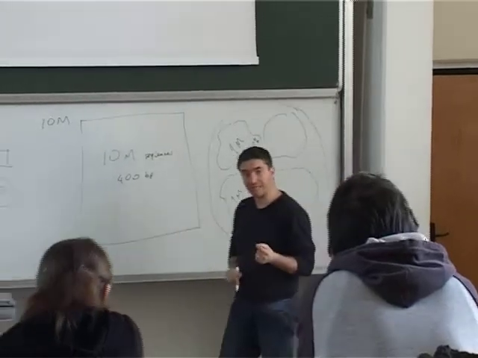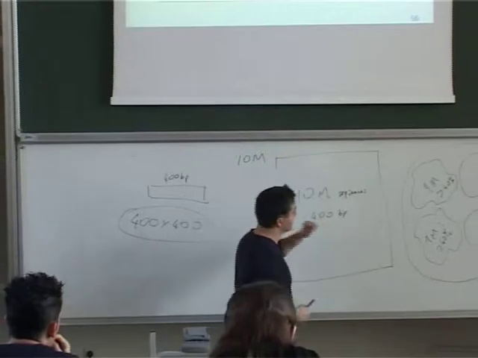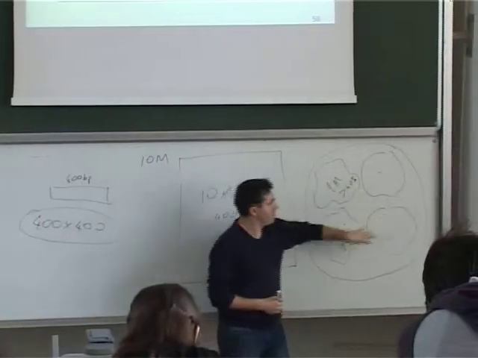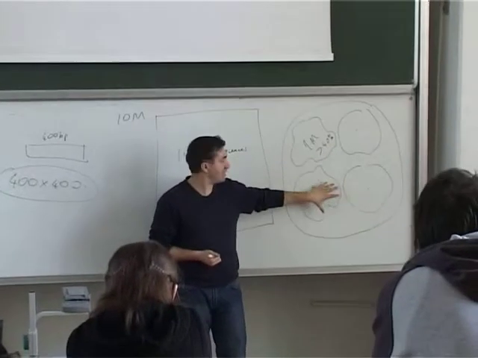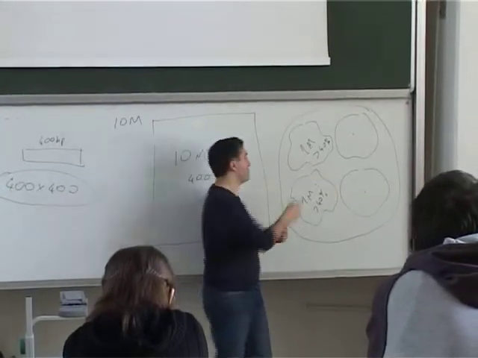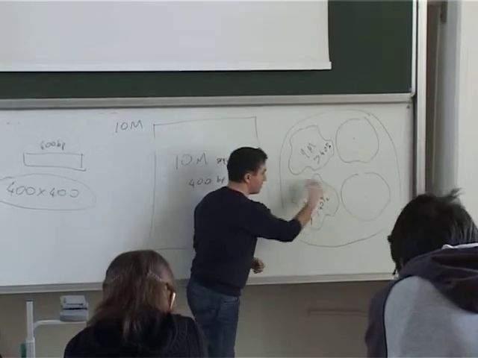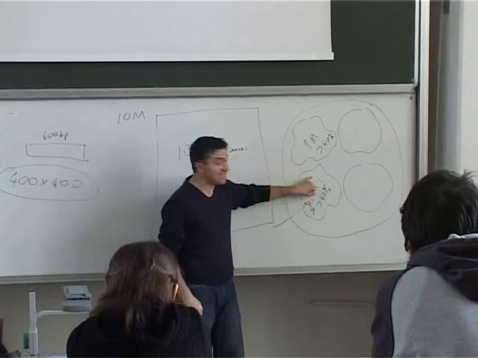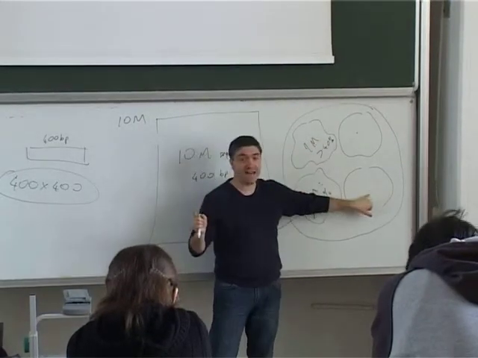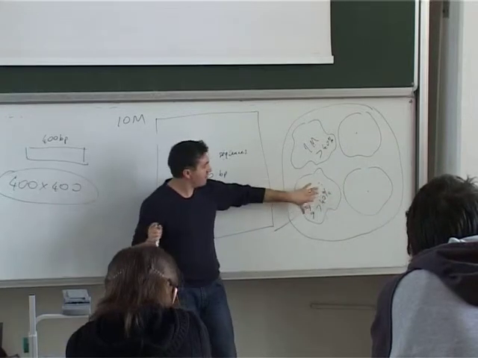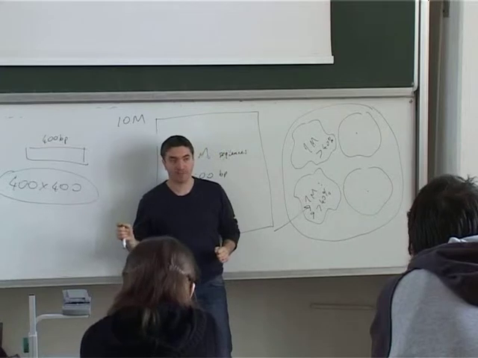So by just doing four alignments, we can find out which one of these 4 clusters our sequence is closest to.